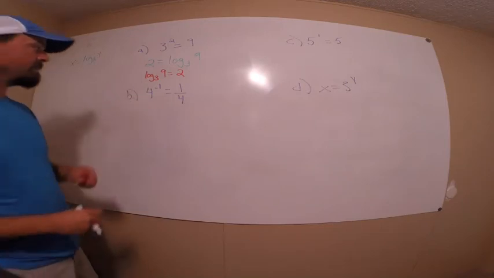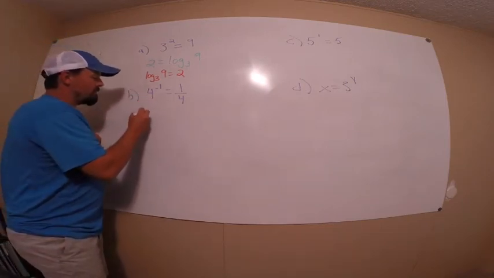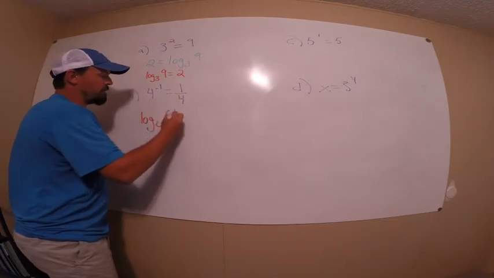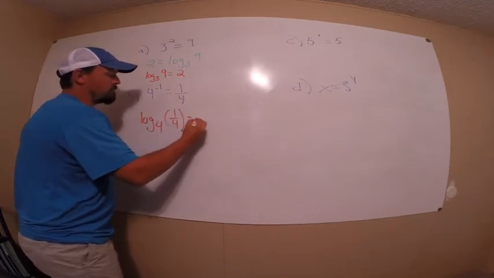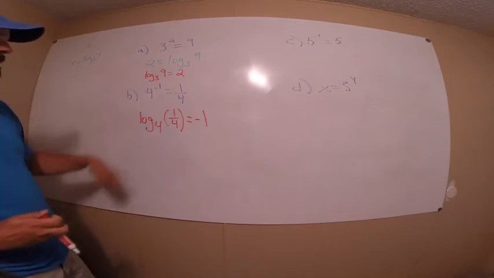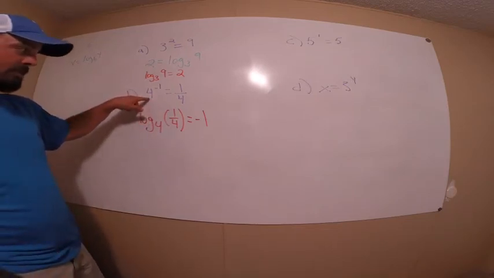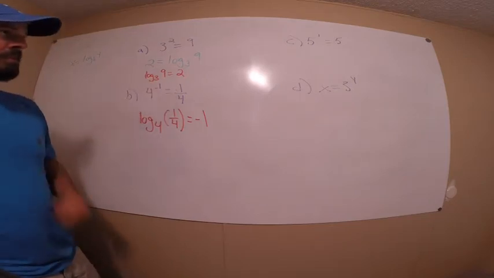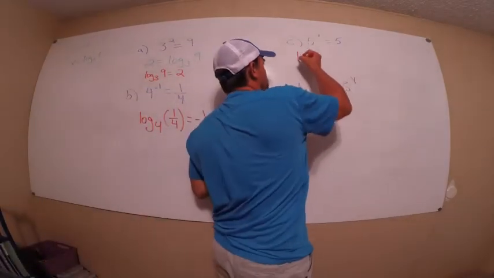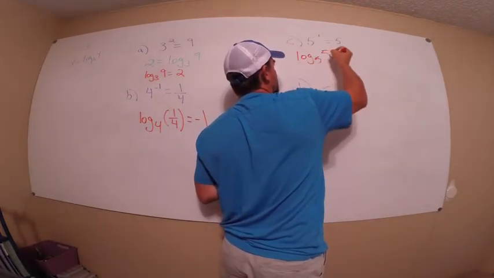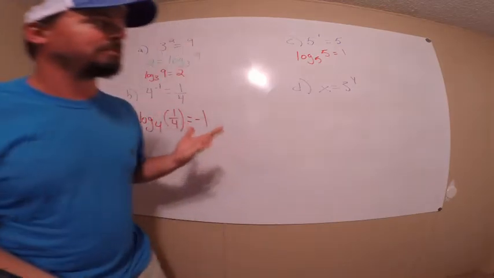So if I come down here, log base 4 of 1/4 equals negative 1. If you're a formula person, use the formula. If you can just follow the pattern, though, it's really easy. Log base 4 of 1/4 equals negative 1. So here, log base 5 of 5 equals 1.